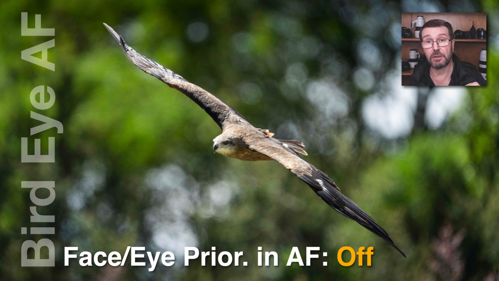So instead of being able to lock on a spot on the head, you can find your focus area sort of wandering around, and it might even move over to the tail looking to see if there's an eye on the tail of the bird.